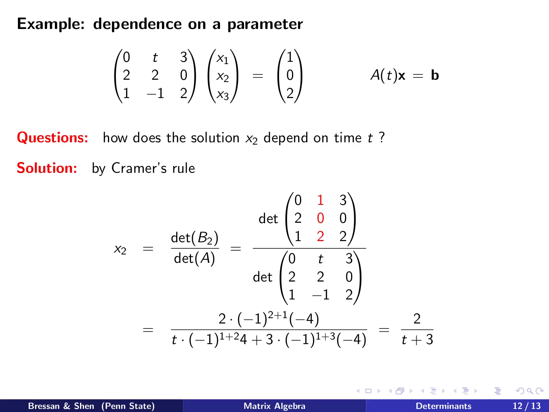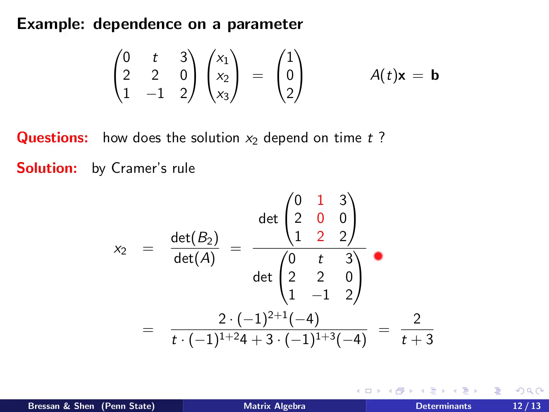Okay, and then for the determinant of A, we could take one of the rows or columns that has 0. Let's say we pick the first row. So the first term is 0, and then we go to the second one. We have t times -1 to the power 1 plus 2, because this is position 1, 2.